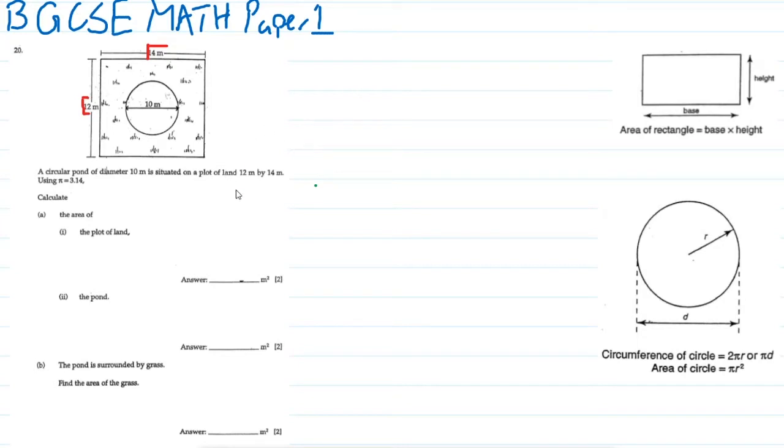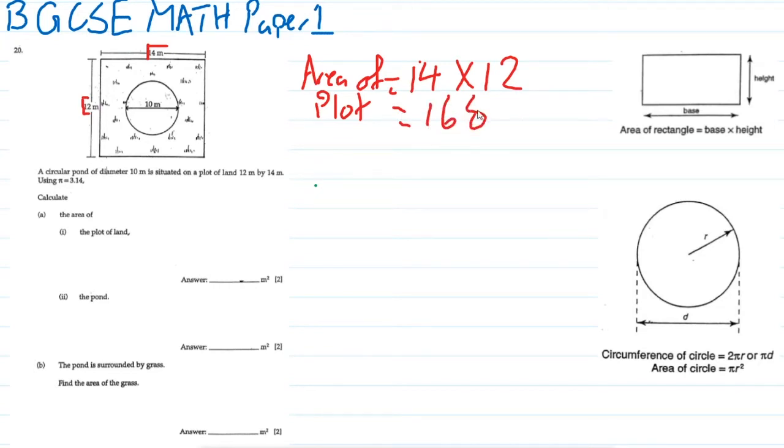So that means the area of the plot is just going to be 14 times 12. If you punch that into your calculator, you should get 168.